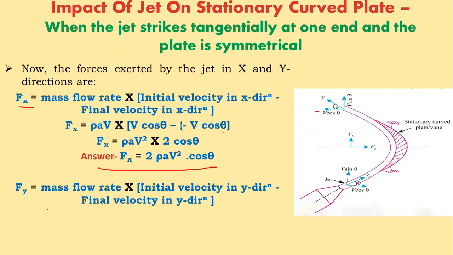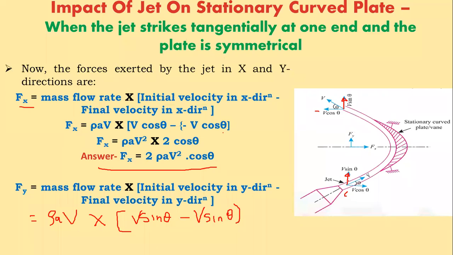See, mass flow rate as it is will be rho a v into initial velocity in the y direction. So what is the initial velocity in the y direction? At the inlet, the initial velocity is v sin theta, minus the final velocity in the y direction. The final velocity is also v sin theta, and both are positive.